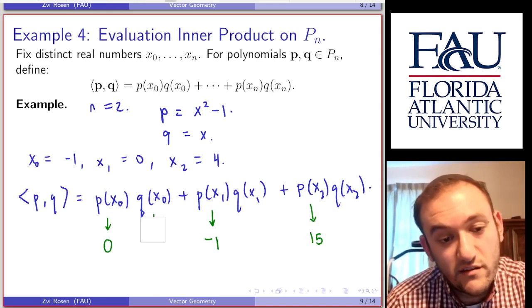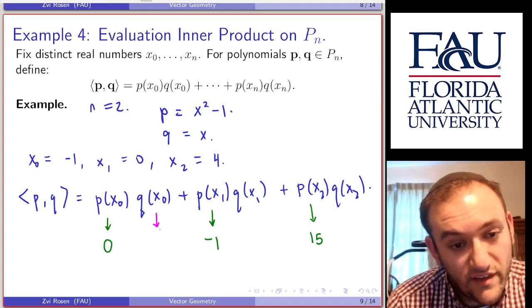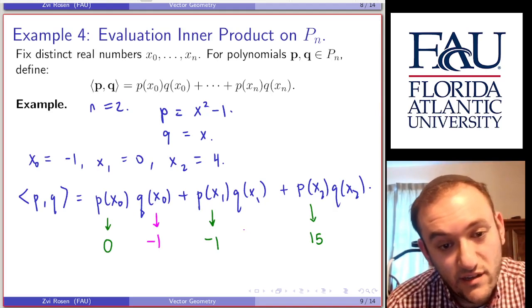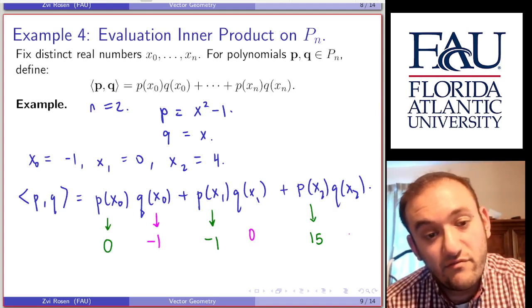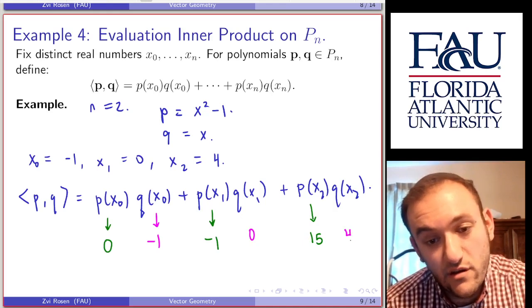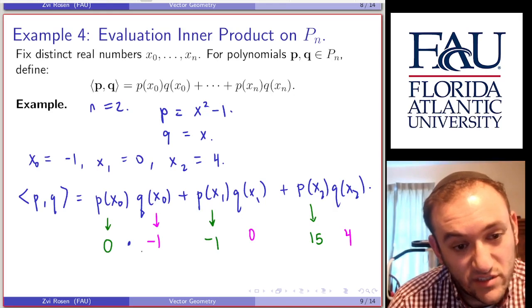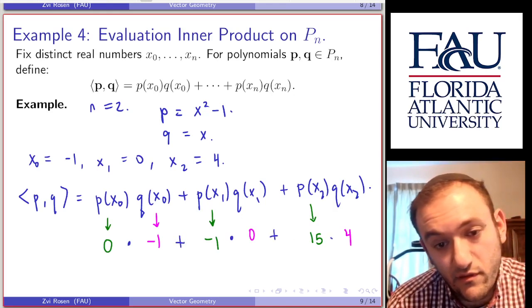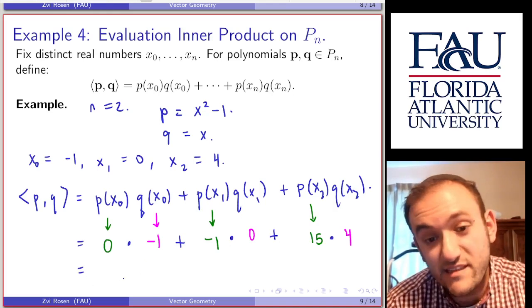Let's use a different color. q at minus 1 is just minus 1, at 0 is just 0, and at 4 is just 4. Now we multiply it out and add them all together. The zeros make this simple, and we get 60.